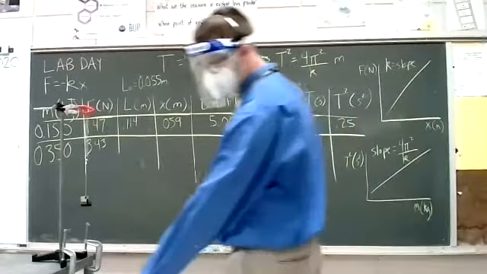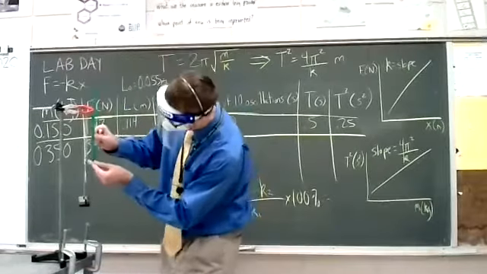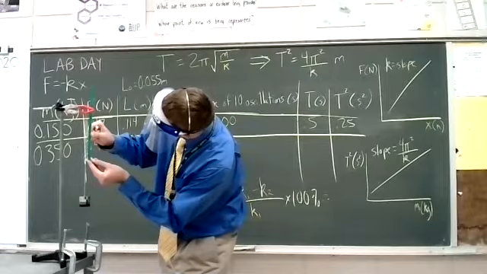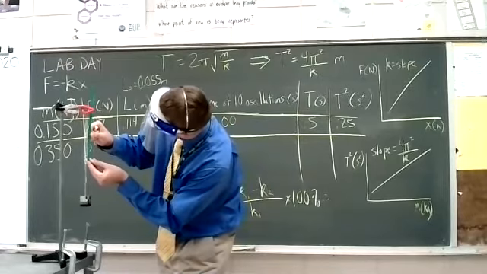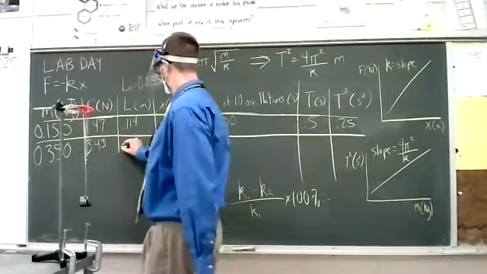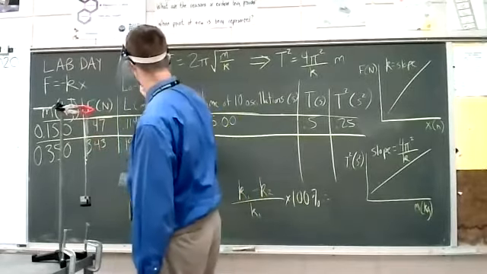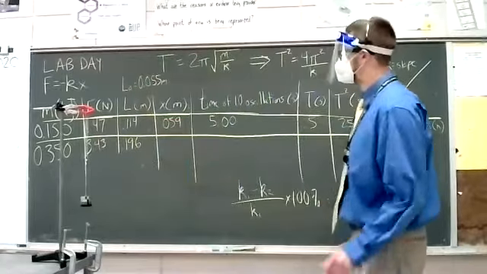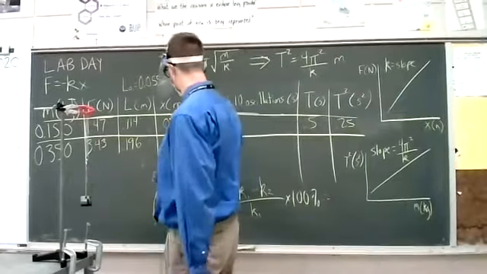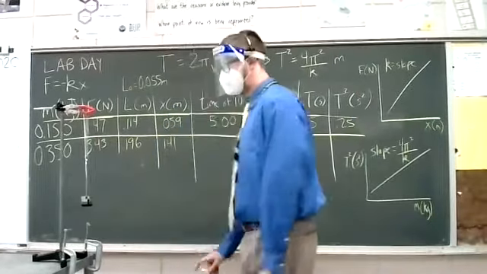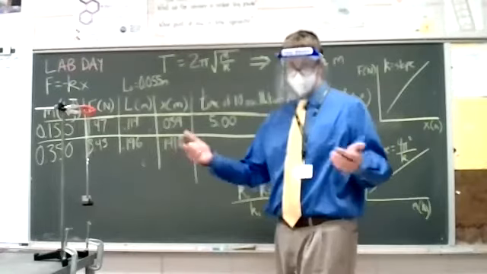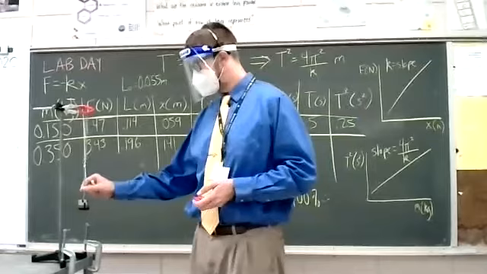And we need to know the length. 0.196 minus 0.055 is 0.141. That's the extension. But I wonder what the time is for 10 oscillations. I know that's the question you were asking. Let's measure it. That's what we do in science.